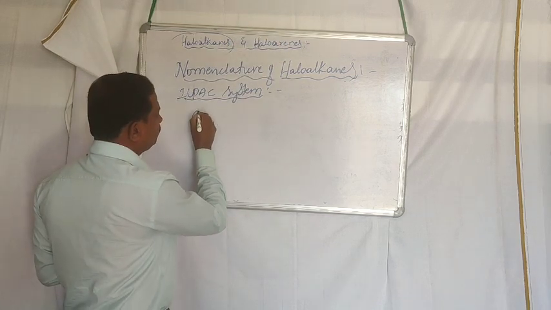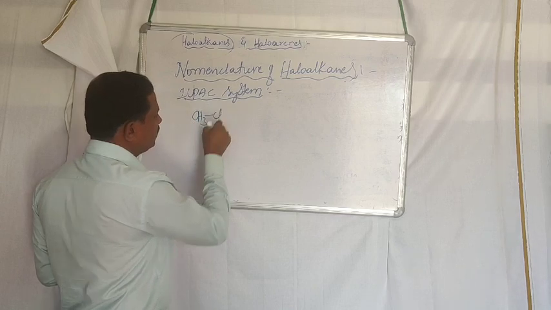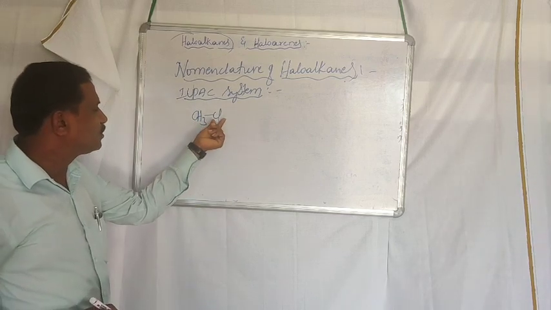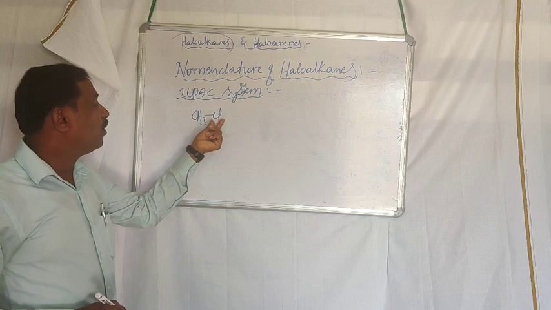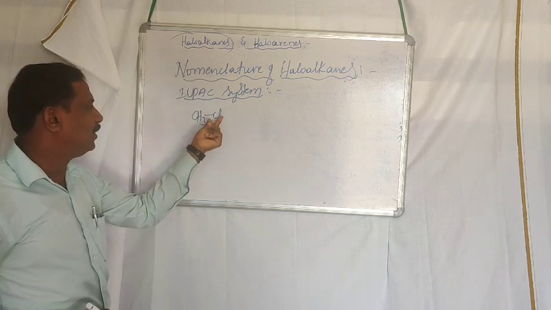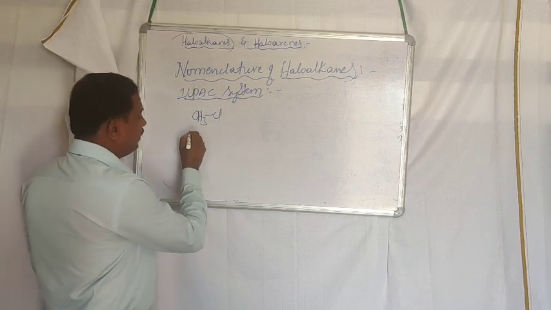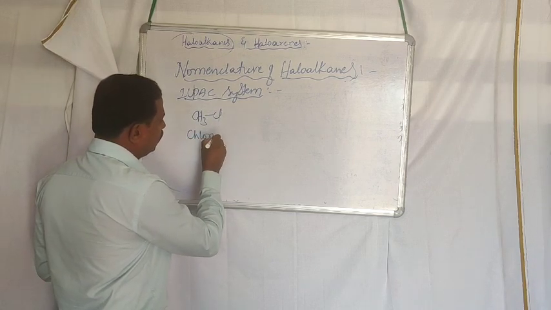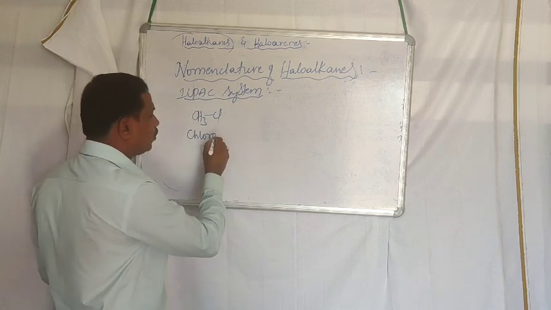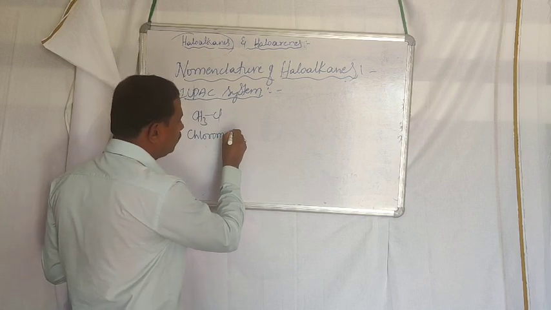You take, for example, CH3Cl. Halo means chlorine, so it is chloromethane. It is a one-word name.